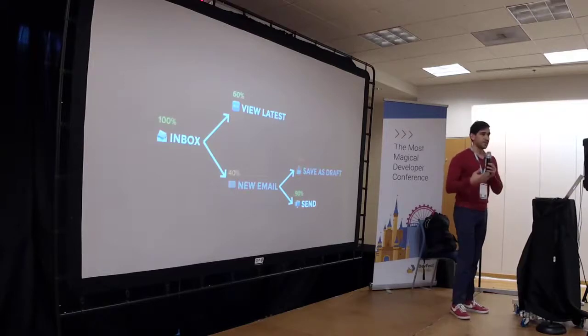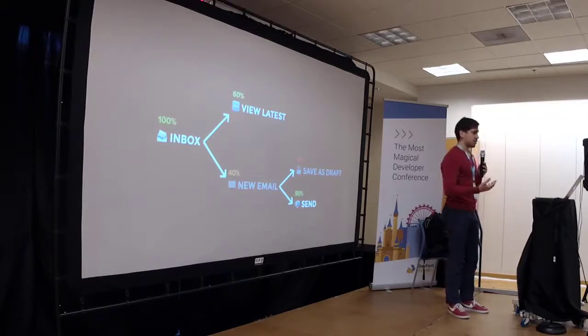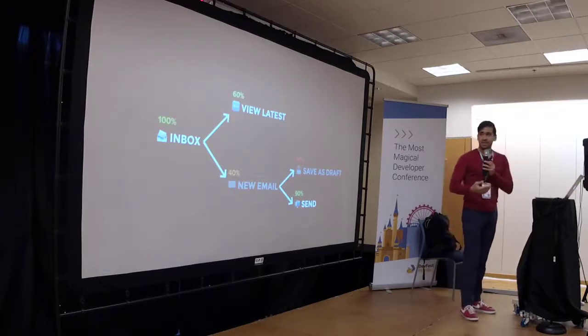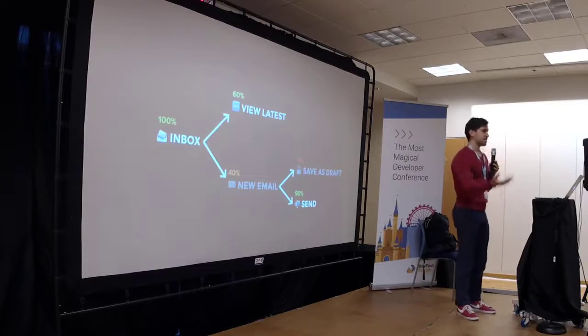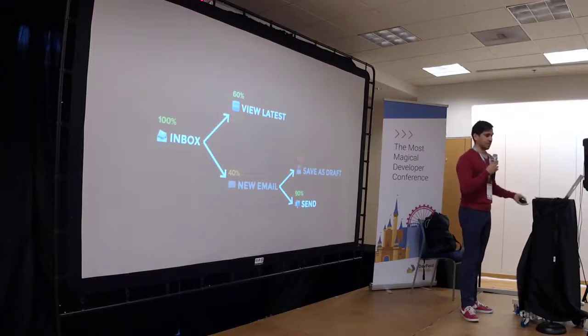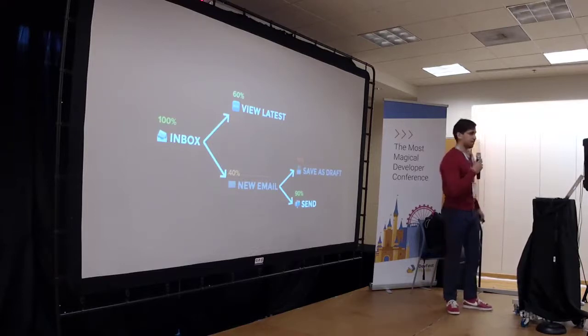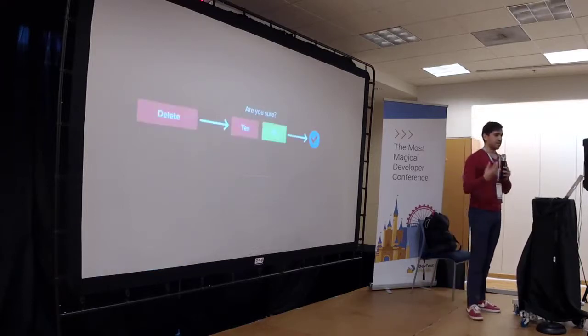And so it's important to measure what users are actually doing in real time, because we could adapt the user interface to say, you probably want to view the latest emails instead of composing a new one, so that's the view we should probably show you first. And also, if you're creating a new email, you might want to send it all the time instead of saving it as a draft. And so that's why measuring these data points is important.